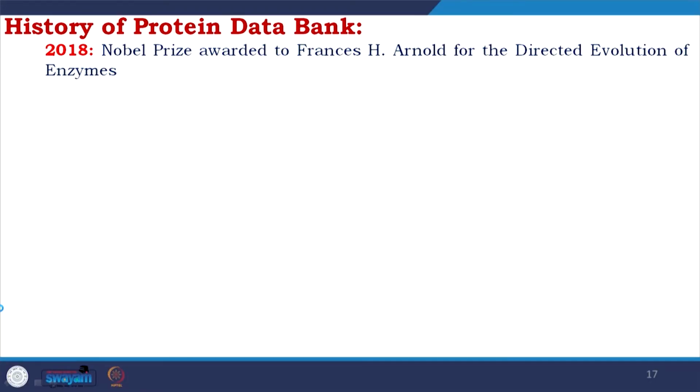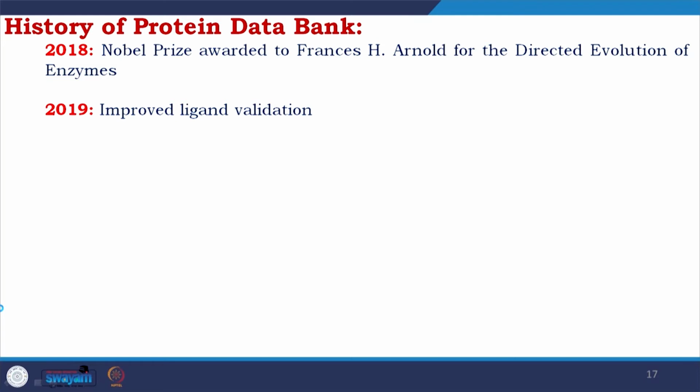Enzyme engineering is a very modern technology with modern demands, and this is only possible by utilizing high resolution structures. So, that is why it is a part of PDB. In 2019, there is improved ligand validation, and greater than 150,000 structure entries in the PDB archive.